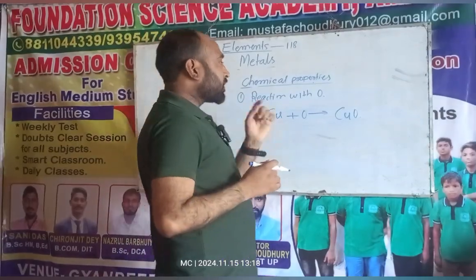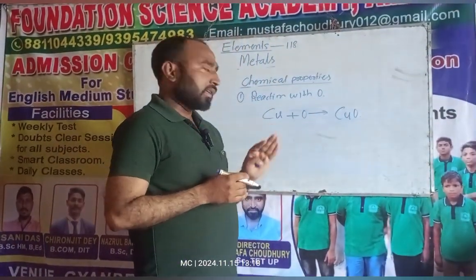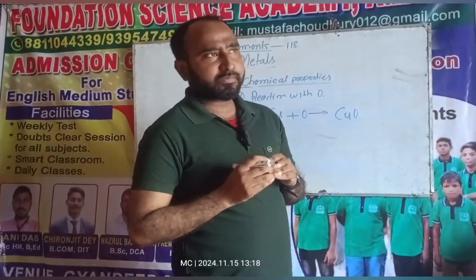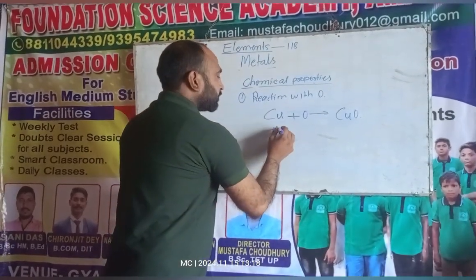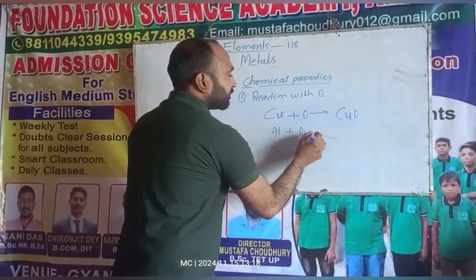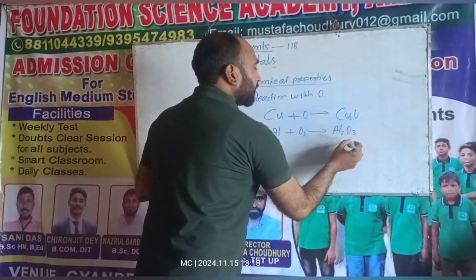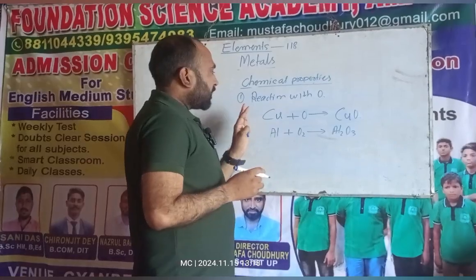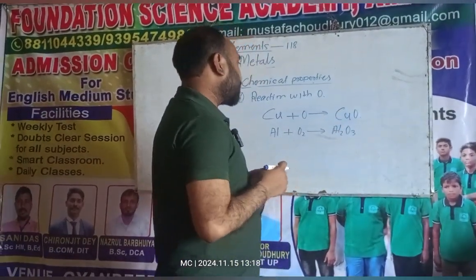Example: copper plus oxygen gives copper oxide. Aluminium plus oxygen gives aluminium oxide, Al2O3. In this reaction, when a metal reacts with oxygen, it forms metal oxides.